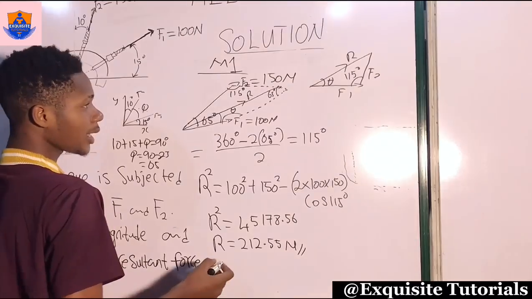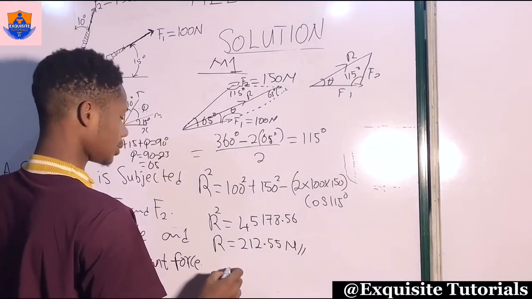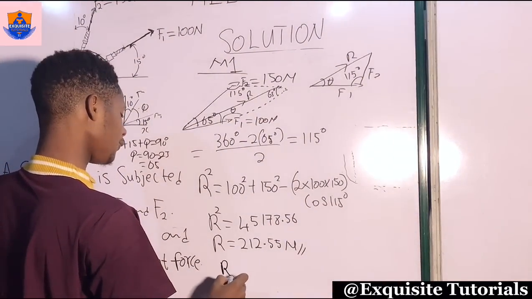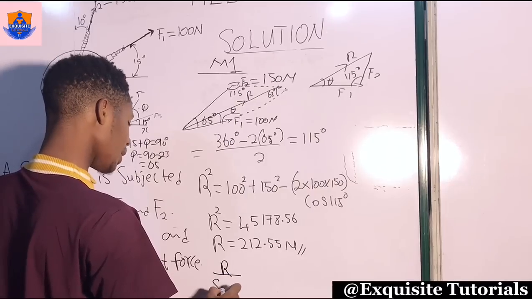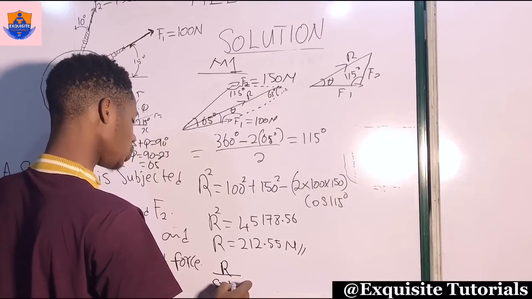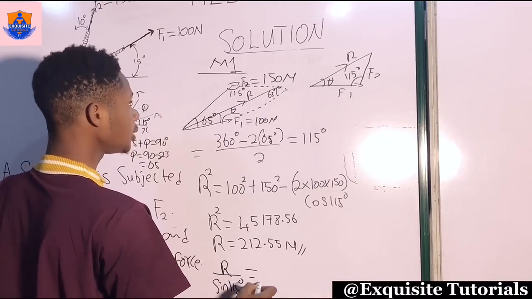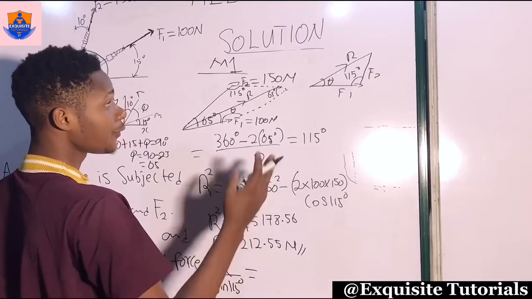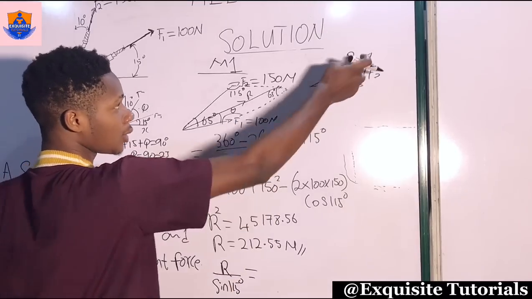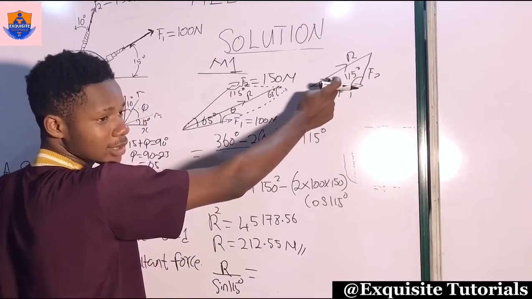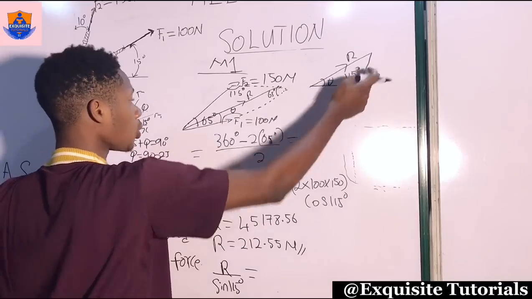Now applying the sine rule, we know that the resultant vector divided by the sine of the angle opposite it, 115 degrees, equals, we could use force F1 if we were using that angle, but since we are getting this angle theta, we are going to use force F2.